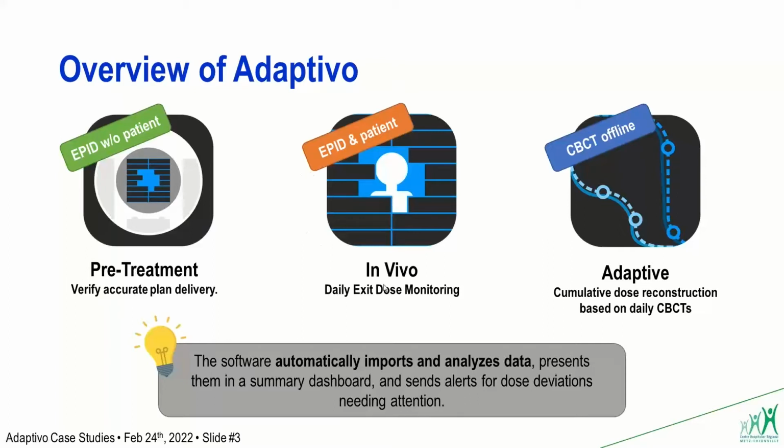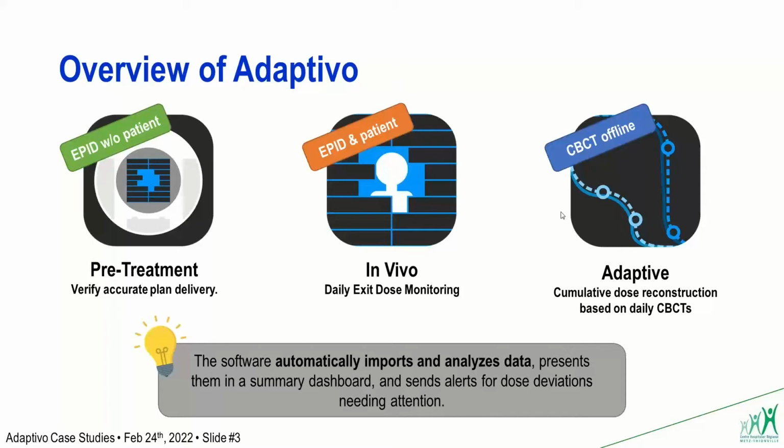Then in the middle, you have the In Vivo module that uses the EPID in the presence of the patient. It does a daily exit dose monitoring using the EPID integrated image. So it's a predicted transit in vivo dosimetry module.